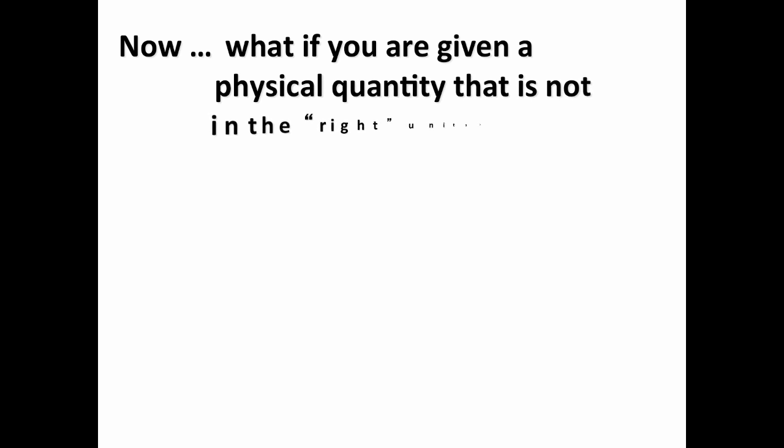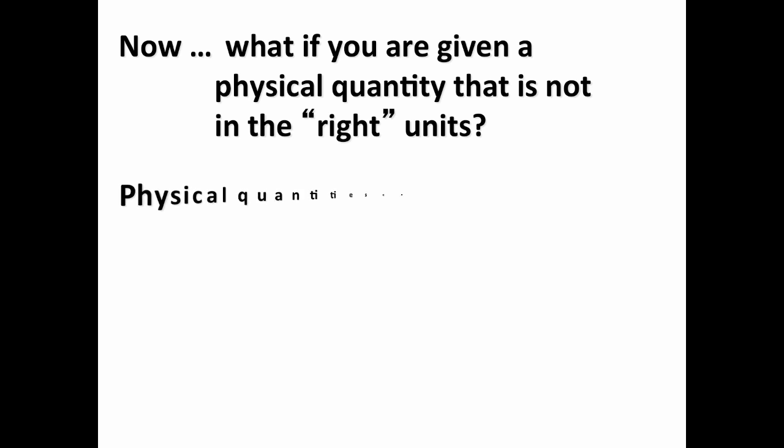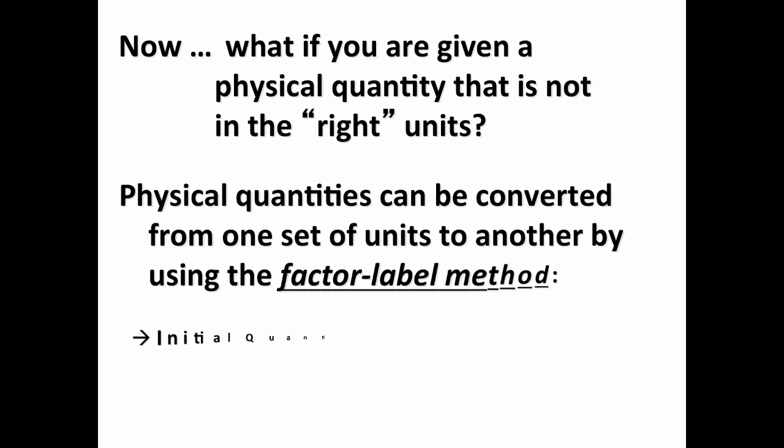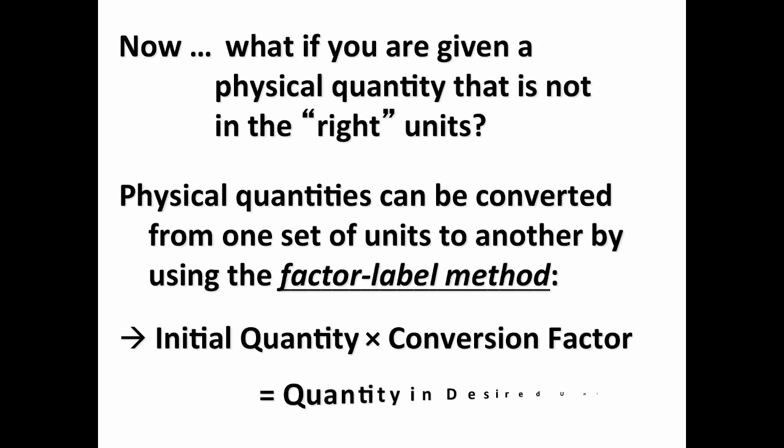Okay, now what if you get a physical quantity measured or given to you, and it's not in the units you would like, it's not in the quote-unquote right units? Well, physical quantities can be converted, of course, from one set of units to another using what's called several different names, the factor label method, unit conversions, dimensional analysis, and it's all going to be pretty much the same thing.